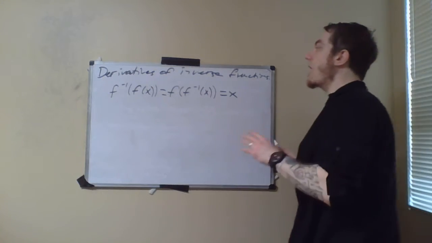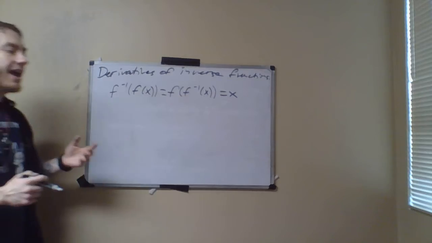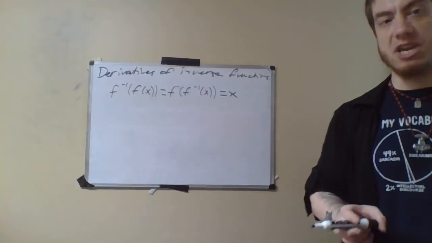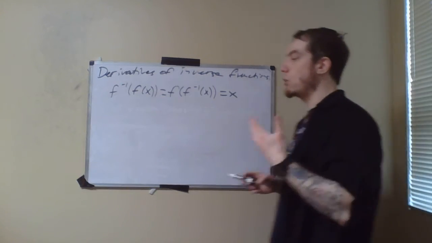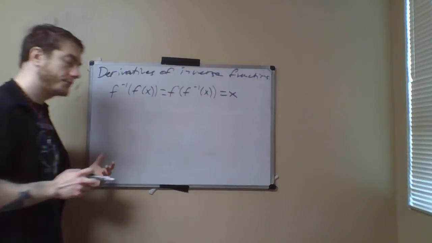And there are some special properties we need to remember. In order to get an inverse function, you have to have a one-to-one function. Otherwise, you can't flip it around, so to speak. But if you do have a one-to-one function, you can always construct the inverse function.